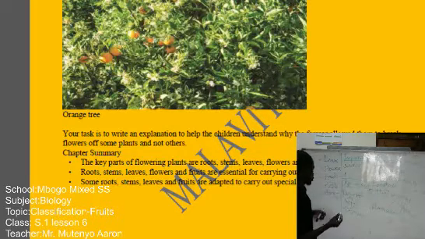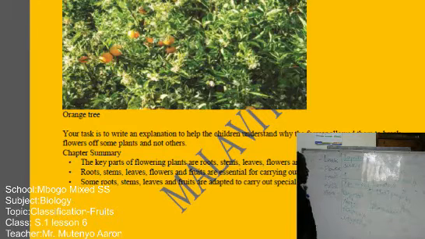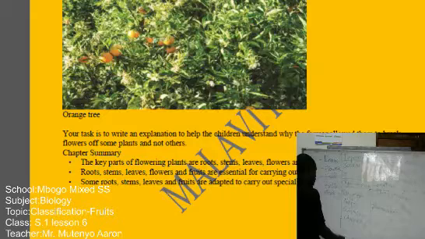Then we also have what is called a caryopsis. These include maize. Okay, maize is a caryopsis. It belongs under this type of fruit. Then we have what is called a drupe.